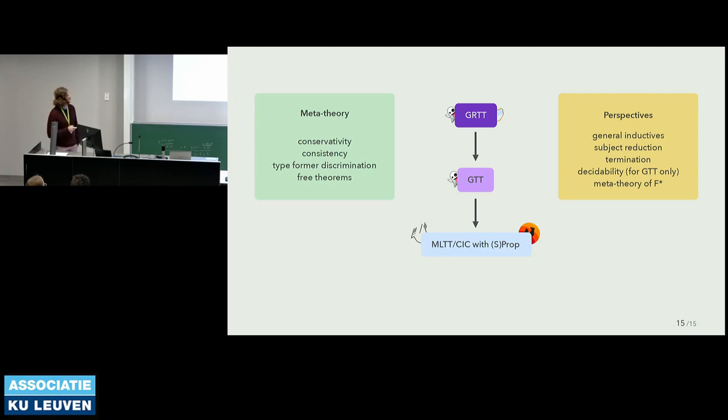I think there's also interesting stuff to be known about decidability, and one of the motivations is also that it could apply to the meta theory of F-star, which has these ghost types, but I think it has more stuff, and I believe that this is better behaved.